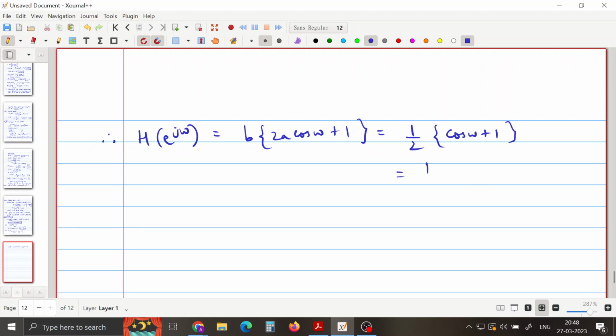And you can also actually simplify this, you get cos square omega by 2.